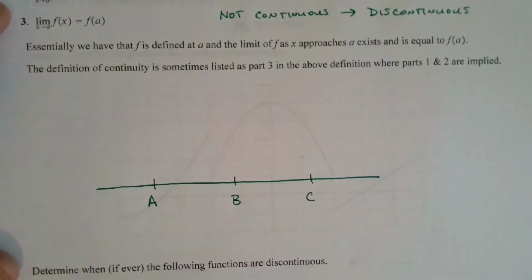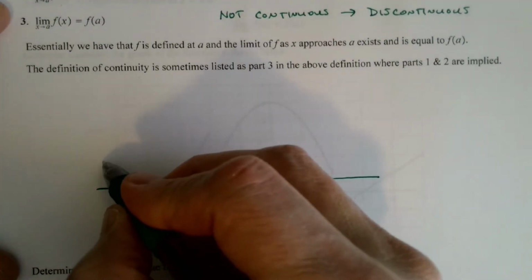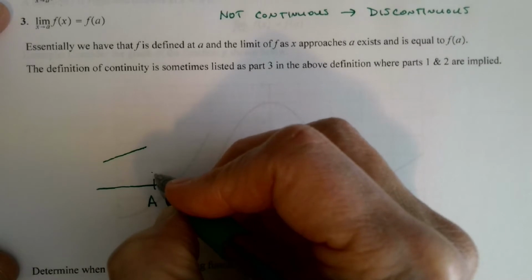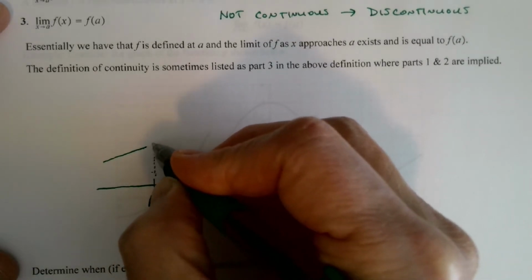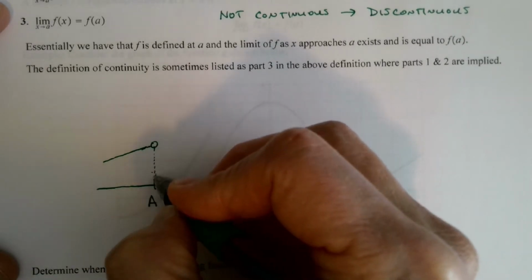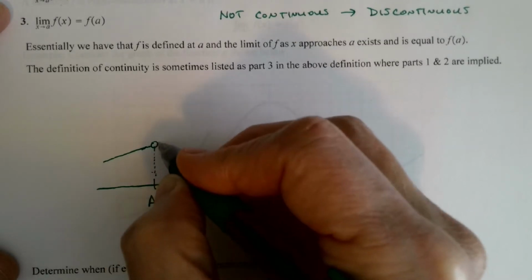I'm going to sketch the graph of this function. It's going to be kind of a strange looking function here. This is just a dashed line, just for reference.